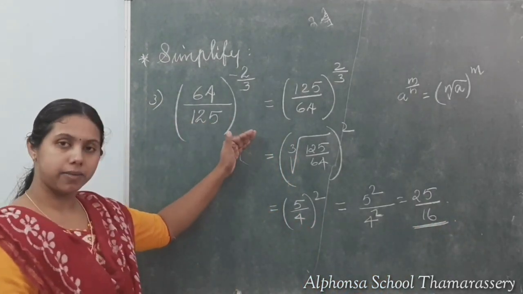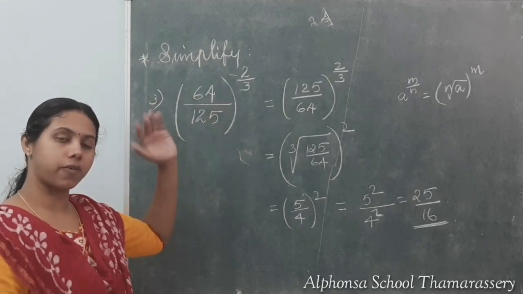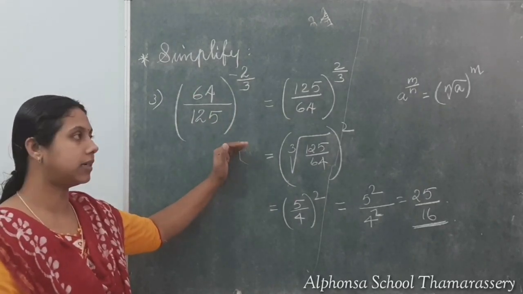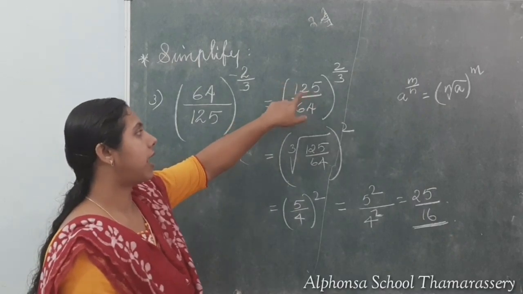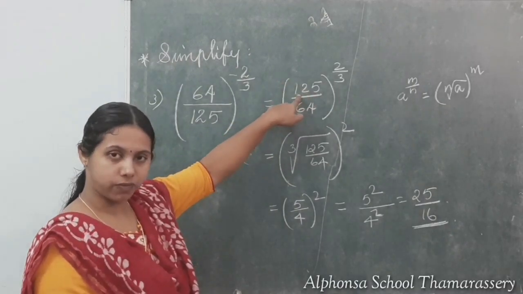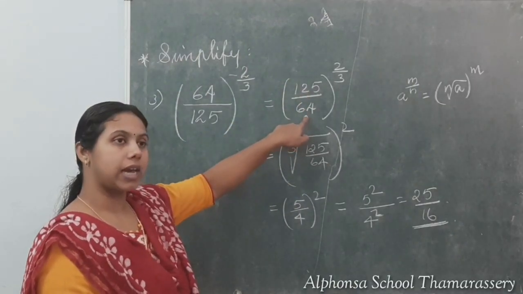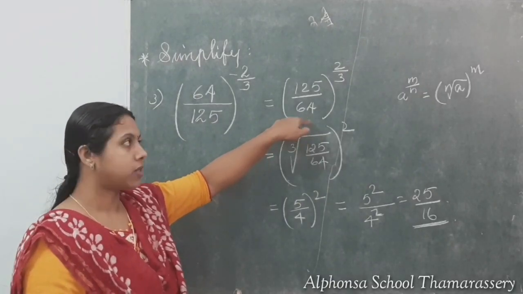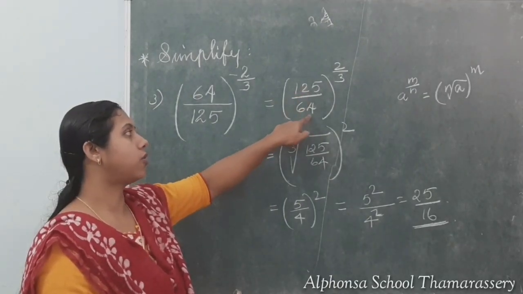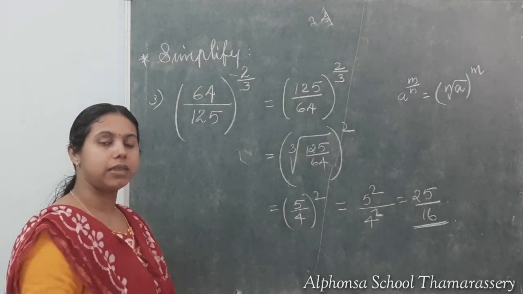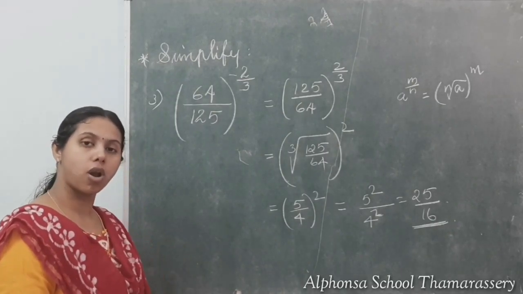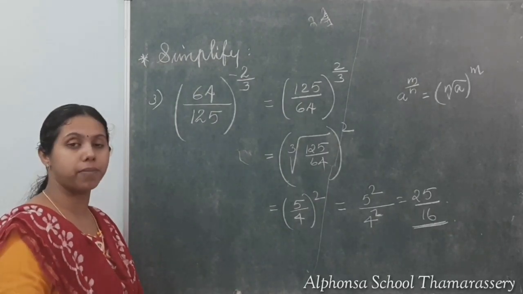You can use the other method also. You can use the laws of exponents we have studied earlier. If you are using that, 125 we can write as 5 cube, 64 we can write as 4 cube. So 5 cube by 4 cube whole raised to 2 by 3. Then use the law a raised to m whole raised to n equal to a raised to m into n.